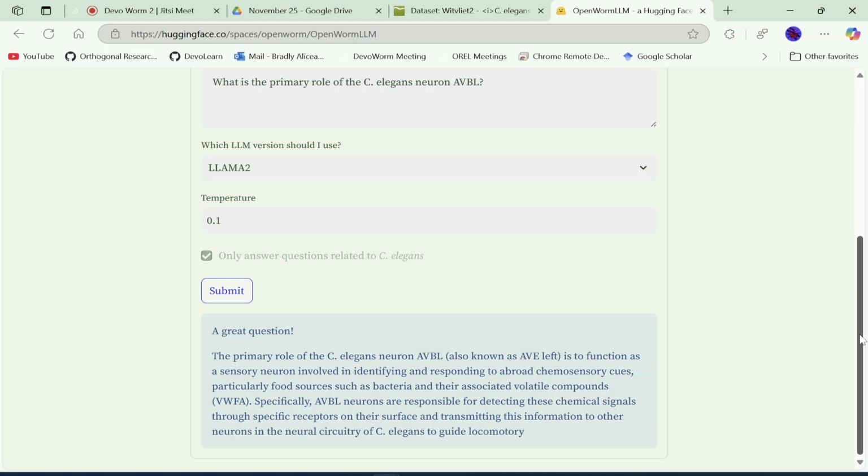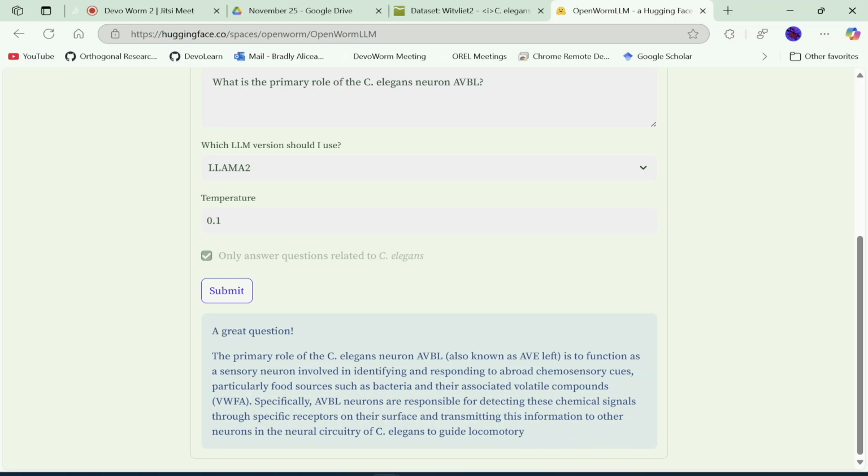Specifically, AVBL neurons are responsible for detecting these chemical signals through specific receptors on their surface and transmitting this information to other neurons in the neural circuitry of C. elegans to guide locomotory, and then it stops.